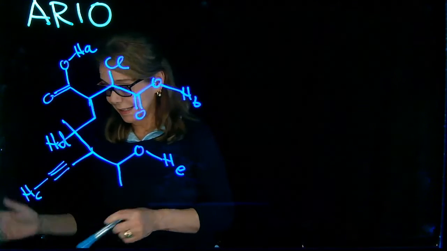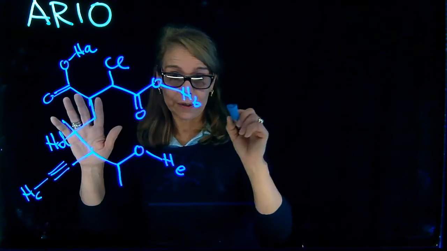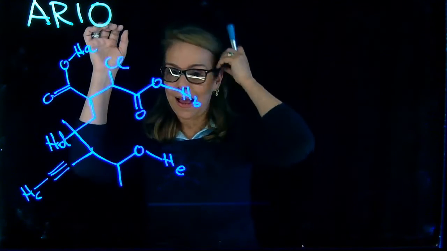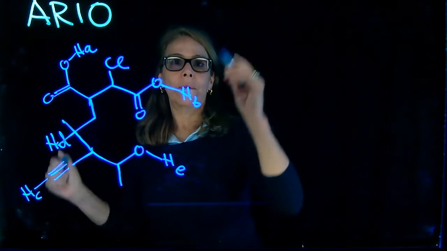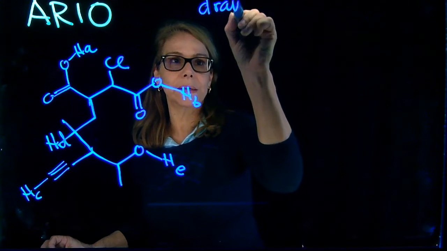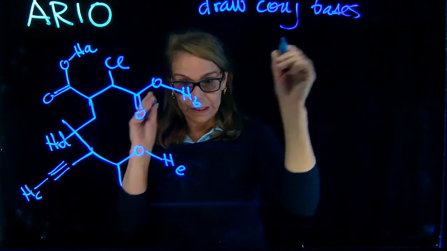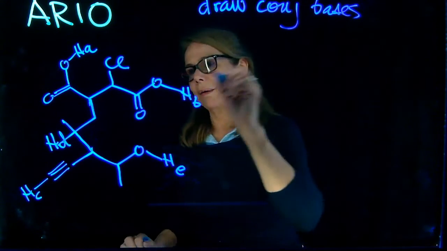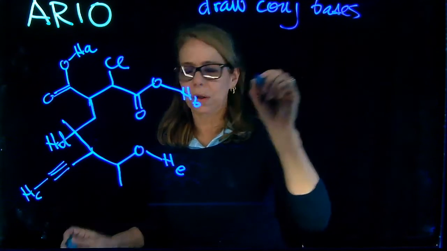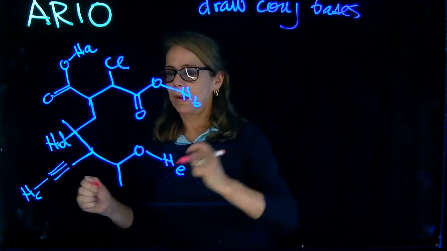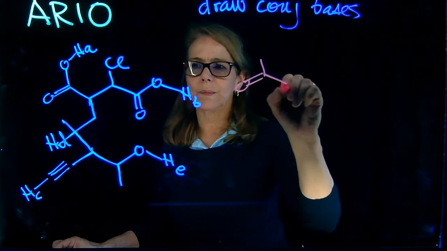So to assess the acidity of those, I'm going to just do it differently, not drawing everything, because we did it before. So strategy-wise, draw the molecule, draw the conjugate bases by removing each of the hydrogens. We're going to do the first part of the molecule, and I'm going to use a strategy that simplifies my drawing.